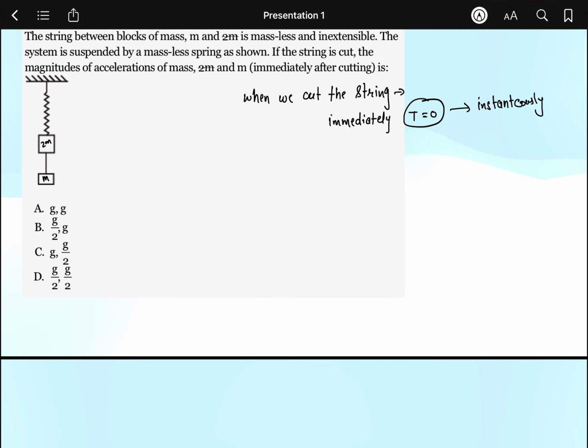So here initially I will draw the free body diagram for this mass m first. This is our mass m and there will be a tension force acting on this mass m in the upward direction. Let us suppose initially our system is at equilibrium. There will be a mg force acting downward due to the earth's gravitation. So since it is at rest, we can take tension is equal to mg.